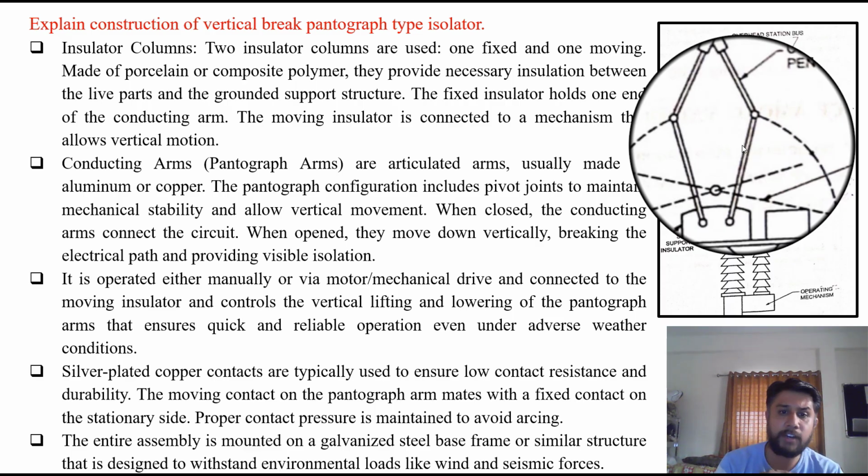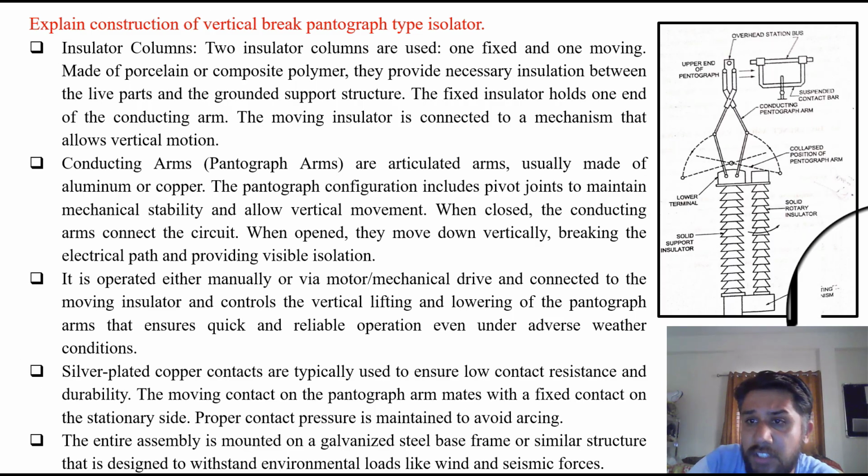The moving contact on the pantograph arm meets the fixed contact on the stationary side like this. Proper contact pressure is maintained to avoid arcing. The entire assembly is mounted on a galvanized or steel frame structure designed to withstand environmental loads like wind and seismic force.